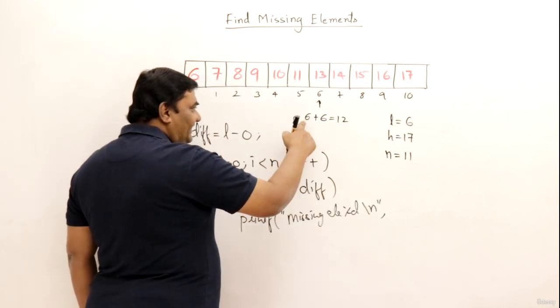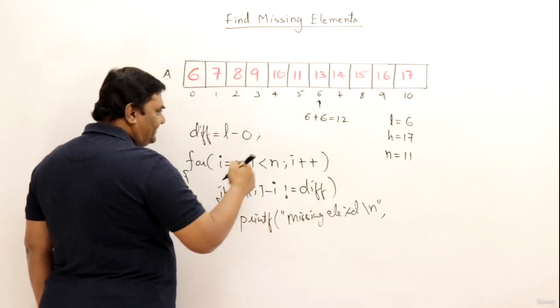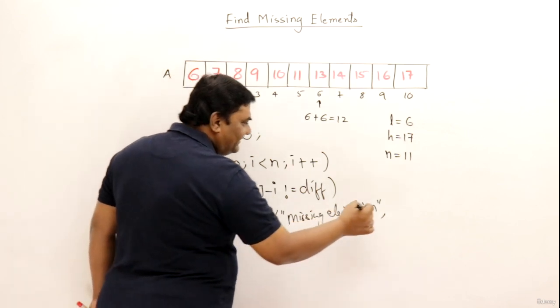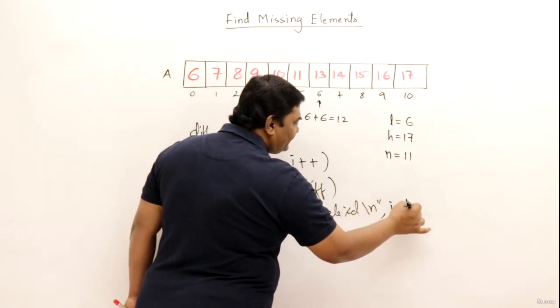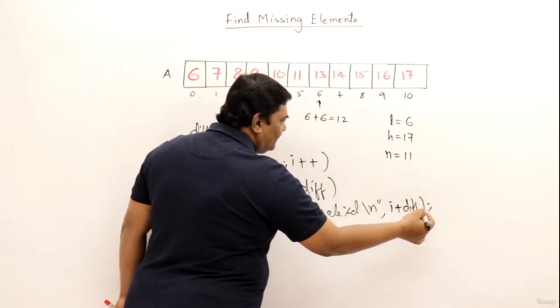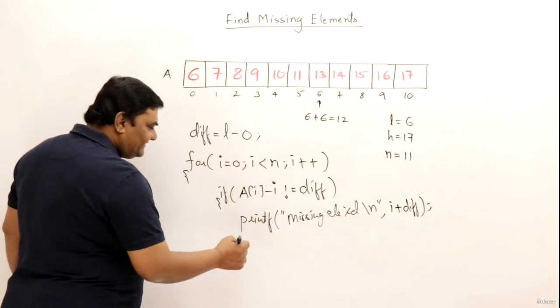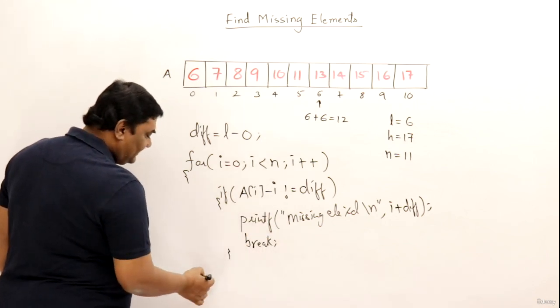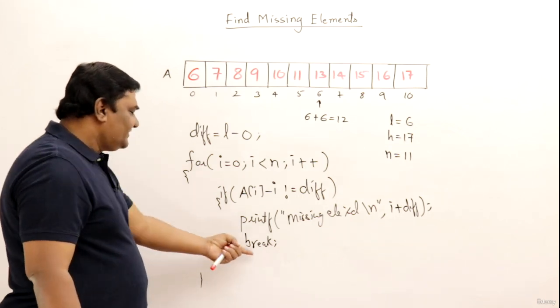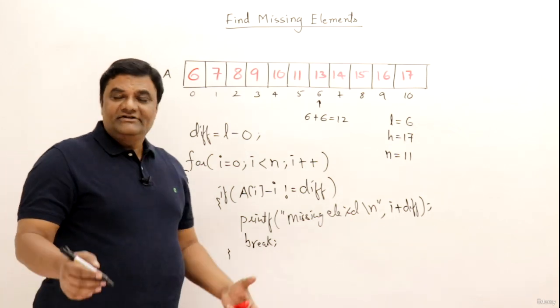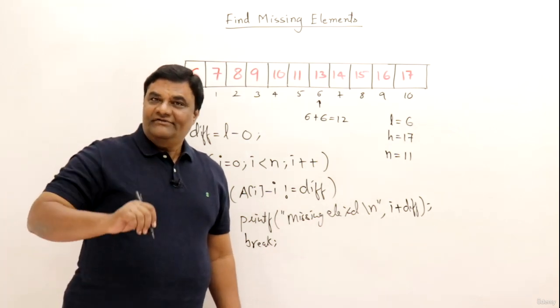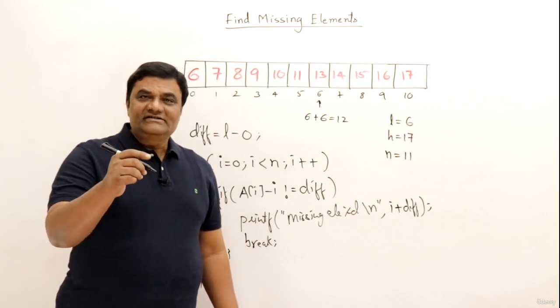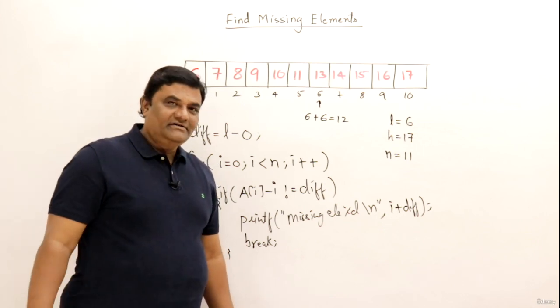Missing element is index plus difference. Index is i here, so it should be i plus difference. That's it. Once the missing element is found, I can break and stop the loop. This break will come out of the for loop and stop there because the missing element is found. So that's all. This is for a single missing element.